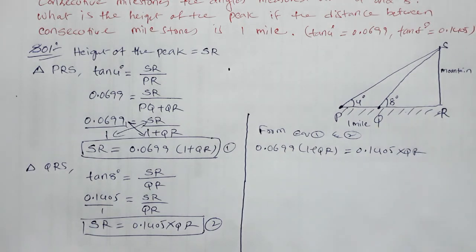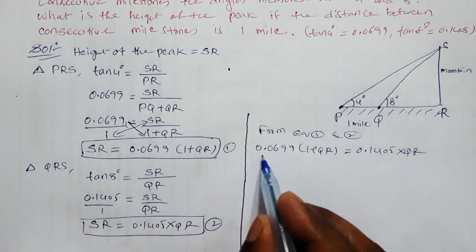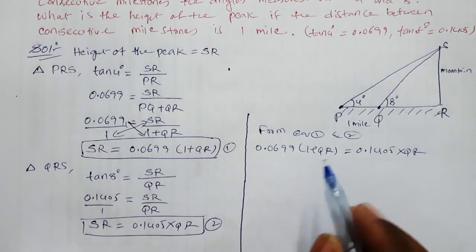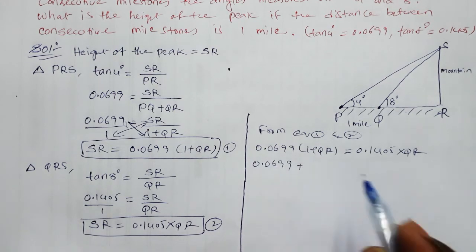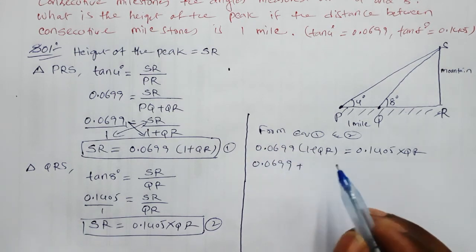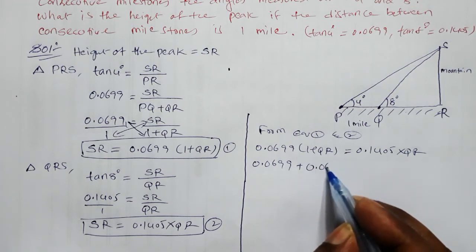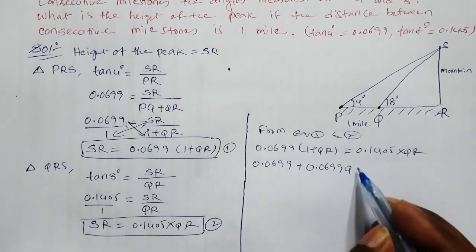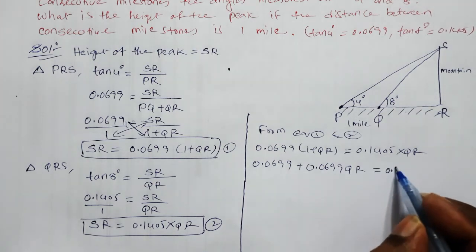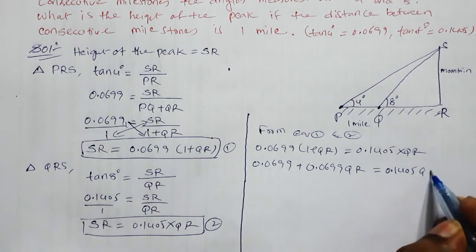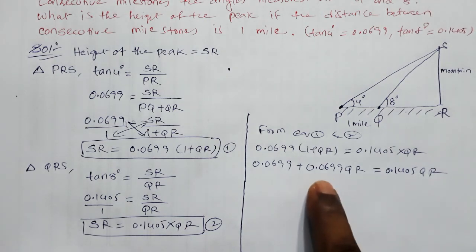Multiplying, 0.0699 plus 0.0699 QR equals 0.1405 QR. Take the QR terms to the right-hand side.